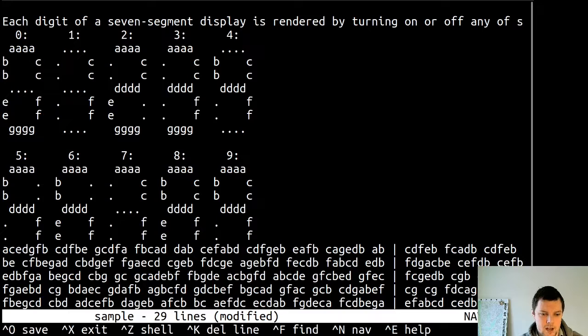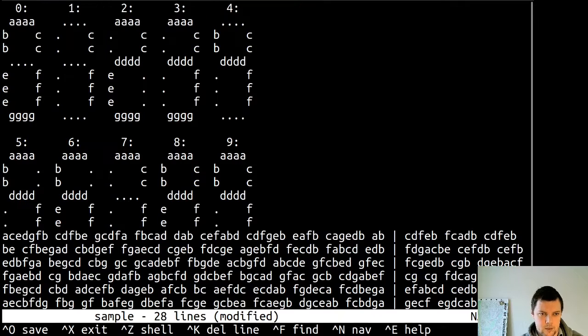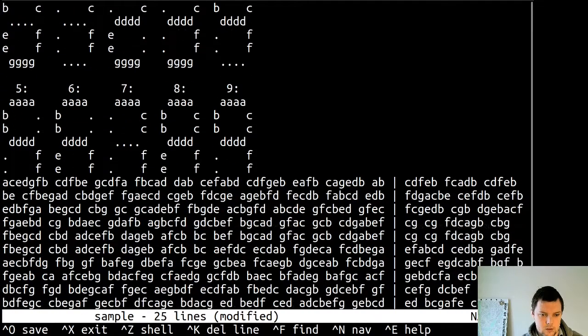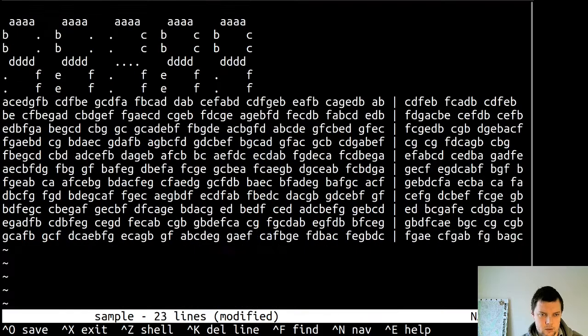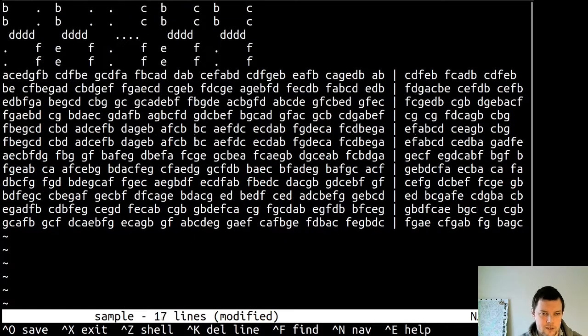So I can go 10J and it will move it down 10 lines. But if I go 10 delete line, it still only does 1. I can hold it down and it will do several without redrawing the screen, but then I can't see what it's doing.